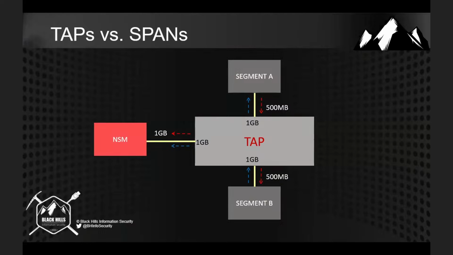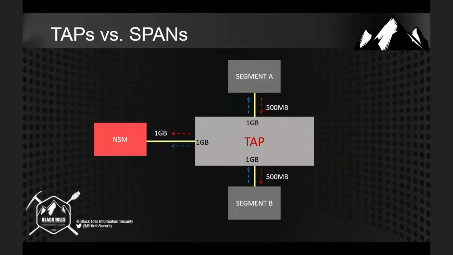And then the other solution here is to go with an inline tap. In that case, you would find the choke point that you want to monitor, and this tap would literally be in line with the connection.